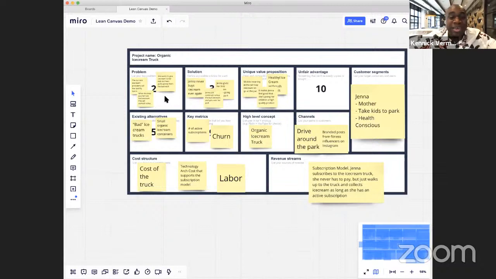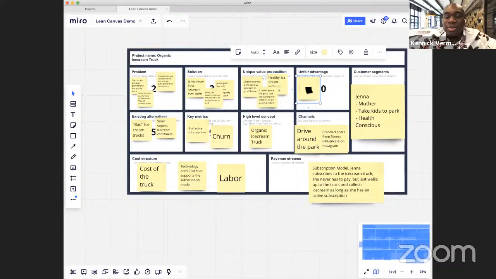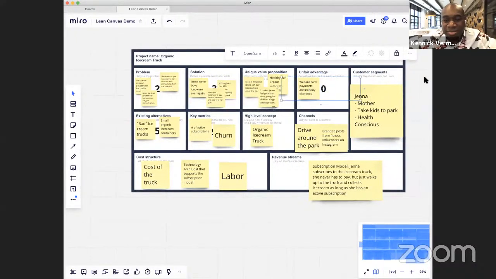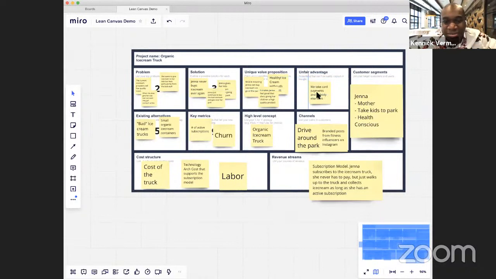Kids won't get ice cream. And the current ice cream truck providers are not willing to jump onto the digital payments model. Therefore, the unfair advantage could be that we take card payments and nobody else does. And it could be as simple as that.